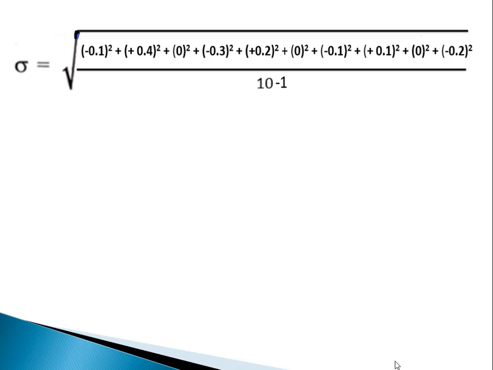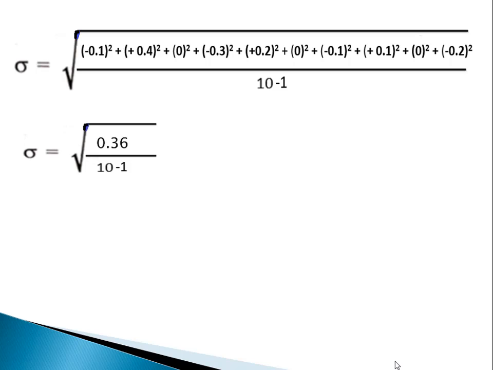After that, substitute the value of all the deviation in the standard deviation equation. It becomes sigma is equal to square root of minus 0.1 square plus 0.4 square plus 0 square plus minus 0.3 square plus 0.2 square plus 0 square plus minus 0.1 square plus 0.1 square plus 0 square plus minus 0.2 square whole divided by 10 minus 1.